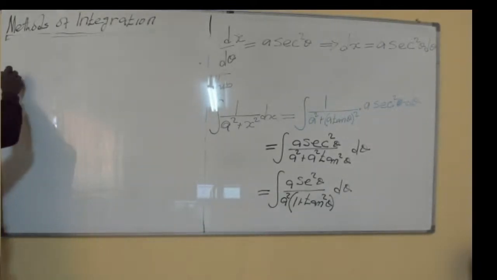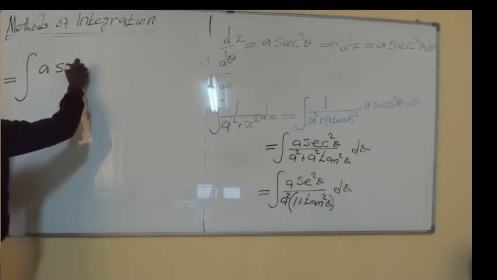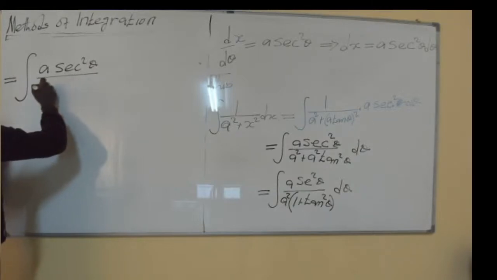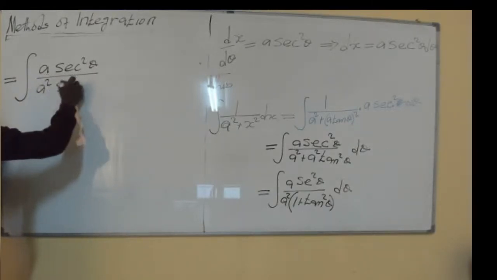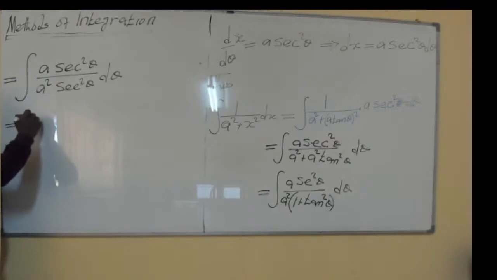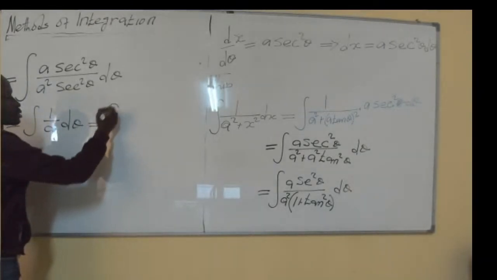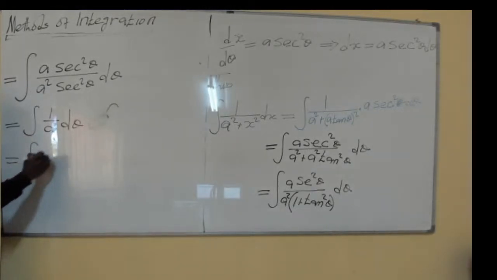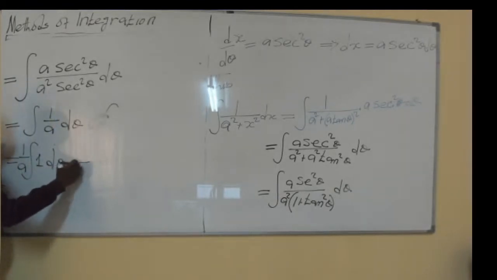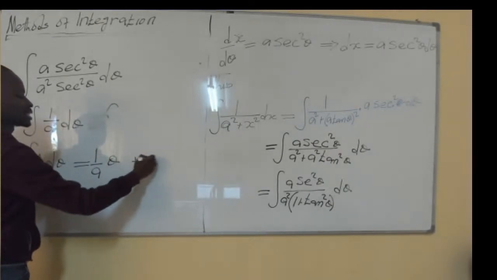So by trigonometric identities, this is equal to the integral of a sec squared of theta over a squared sec squared of theta d theta, and this is going to give us the integral of 1 over a d theta, which is 1 over a times the integral of 1 d theta, which gives us 1 over a theta plus c.